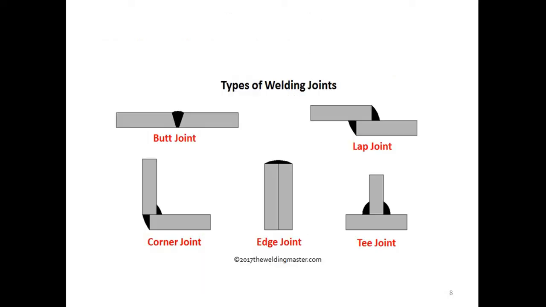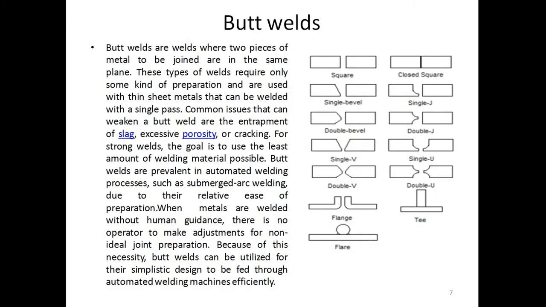Then according to the types of joints we already studied, there are five main types of welding joints. The first one is a butt joint, the second one is a lap joint, the third one is a corner joint, the fourth one is an edge joint, and the fifth one is a T joint. As shown in the butt joint, we already studied the various types of butt joint.